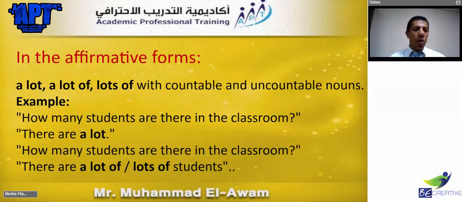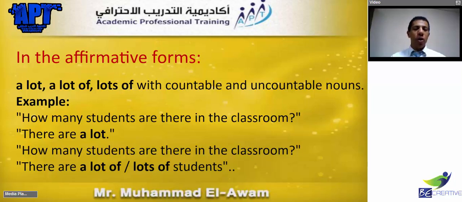Unlike many or much, many goes only with countable, much goes only with non-countables, okay? And many and much go with the negative and the question, but a lot of, lots of only goes with the affirmative, with the positive sentence, without a not, and goes with both countable and non-countable. Okay?